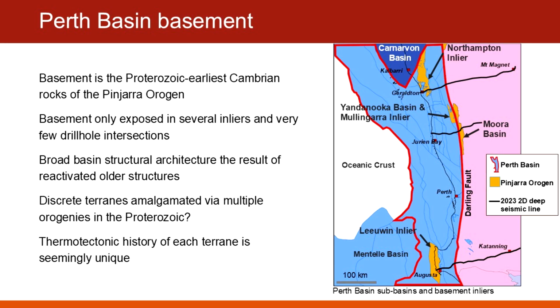Right, so as Ivan and Raf and Tim mentioned, the Perth Basin is underlain by the Pinjarra Orogen, and we have it exposed here in a few inliers. There are also some penetrations within some petroleum wells in the Perth Basin, and work is still underway on studying those.